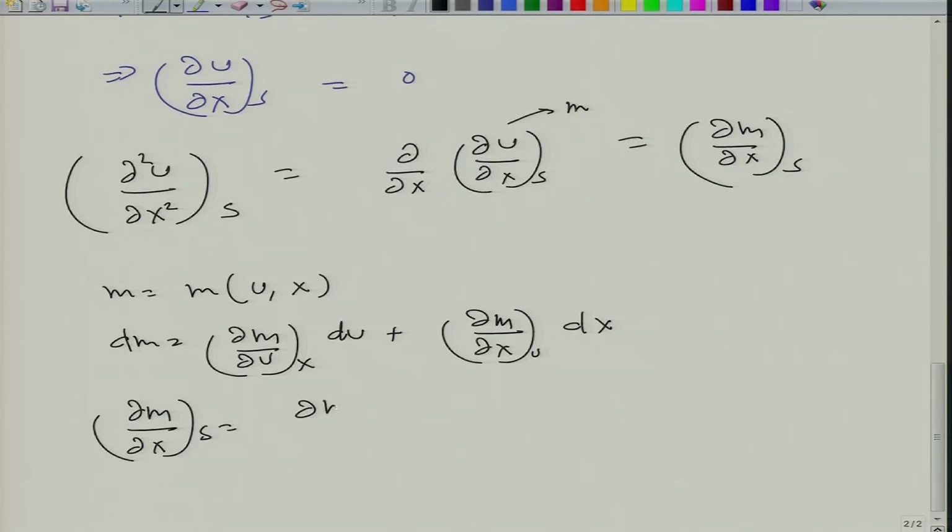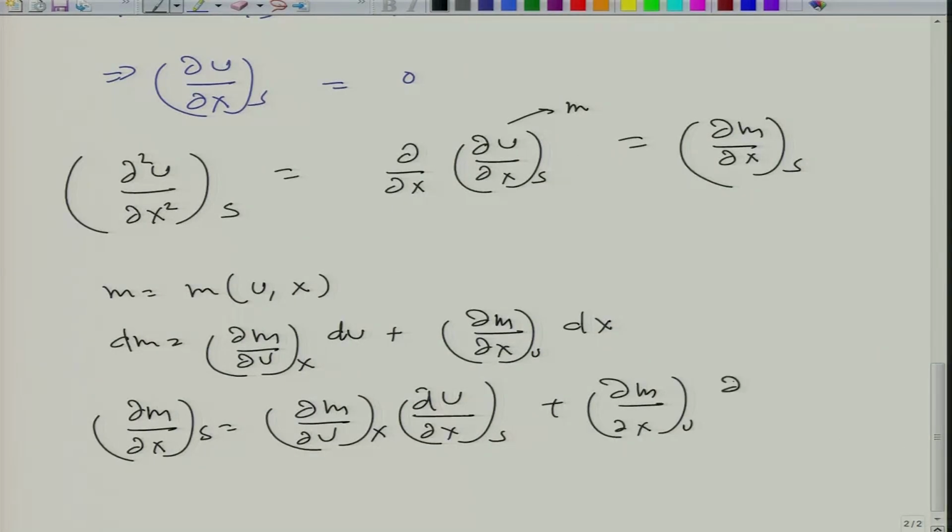So, this will be del M by del U at x times del U by del x, keeping S constant, plus del M by del x at constant U. Now, this will be 1, and what about this at extremum?